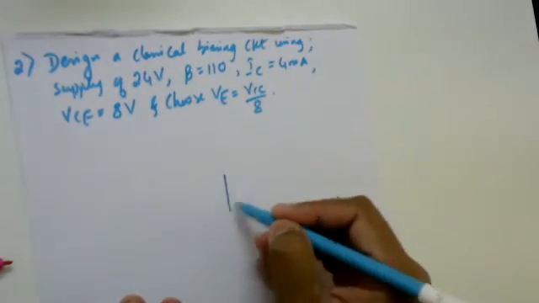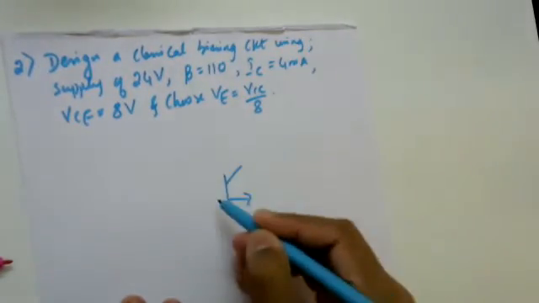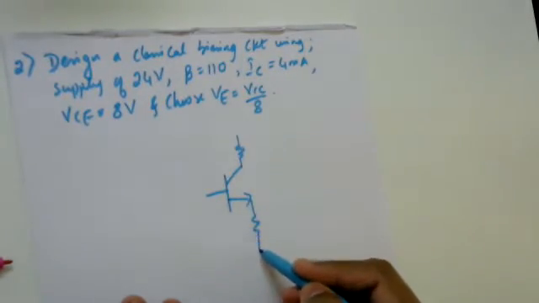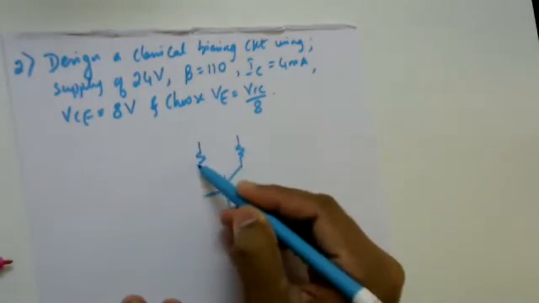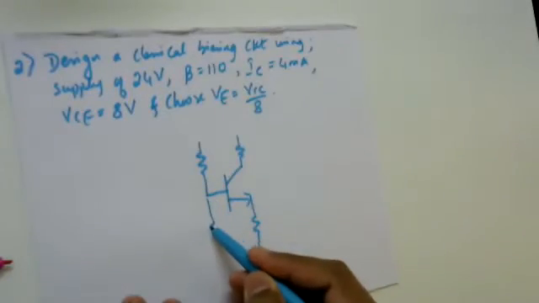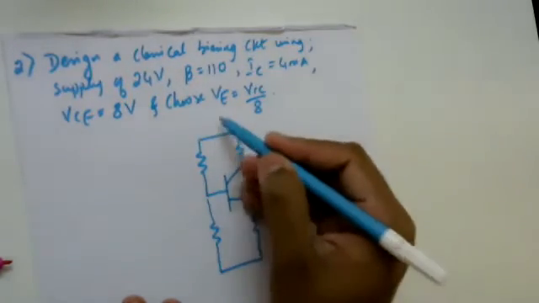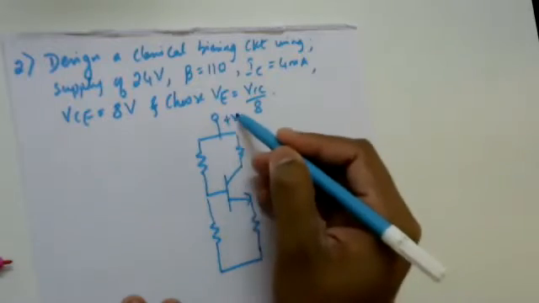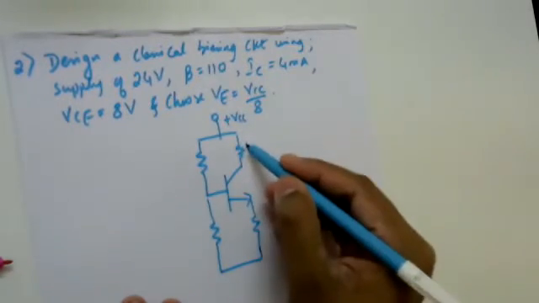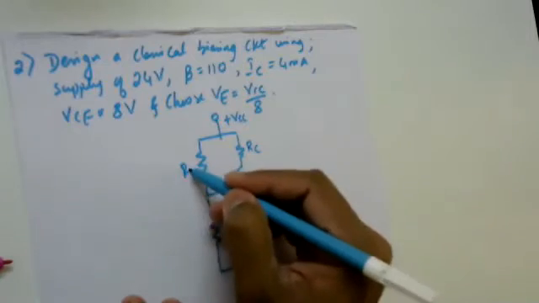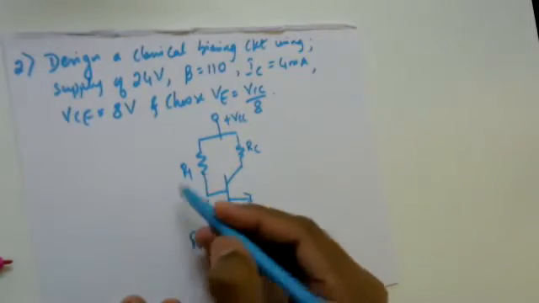So I know that in my circuit I'll be having the resistance RC, the resistance RE, this is resistance R1, this is resistance R2. Okay, so this is your plus VCC, this is RC, RE, R1, R2.